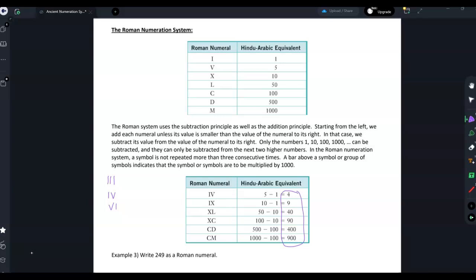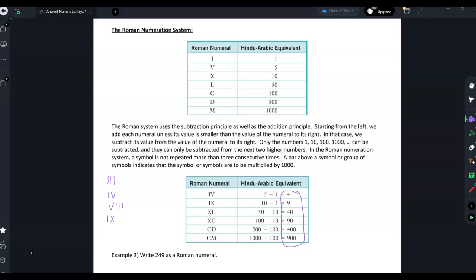So that's 6, then 7 would be 5 plus 1 plus 1. 8 would be 5 plus 1 plus 1 plus 1. And then we get to 9, and we're tempted again to just add another 1. But again, you never want more than 3 consecutive symbols. So by the time you get to 9, you would think of that as 1 less than 10, so that would be IX.